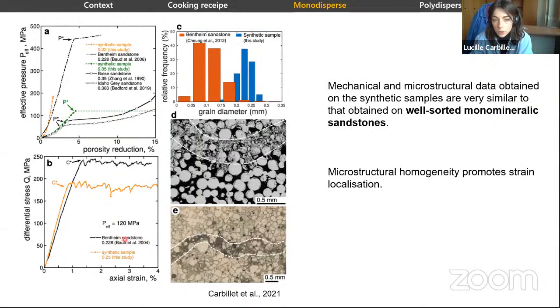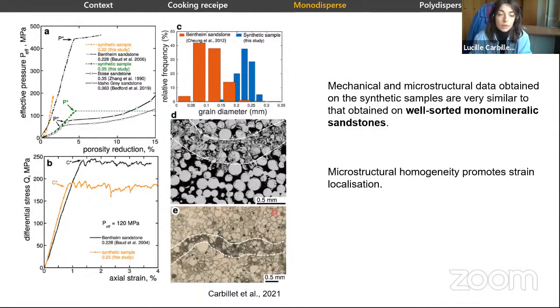Both have very close porosity and very close grain size, and we see that for this close porosity, the mechanical data are actually very similar between our synthetic samples and the natural sandstone. And for a very small difference in porosity, the stress required for CSC is actually not changing by much.